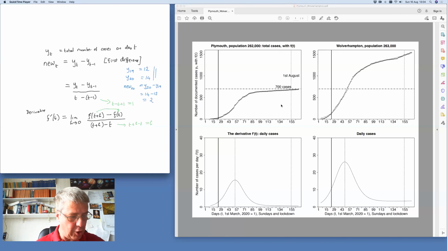So the expression that we're seeing here for the derivative is a very similar expression to what we're seeing here for the number of new cases on each day.